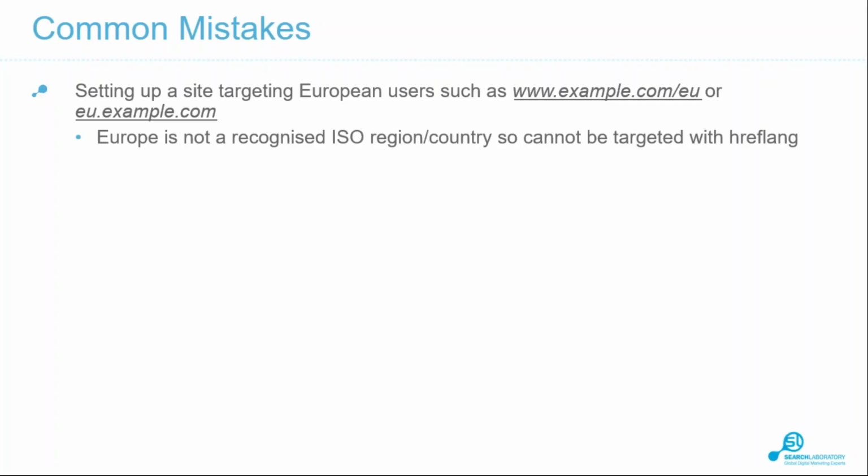Now because Europe is not a recognized ISO region, that's International Standards Organization, basically they decide the language and country codes that are used, internationally recognized codes. Europe is not recognized as a directive, so it can't be targeted with hreflang.